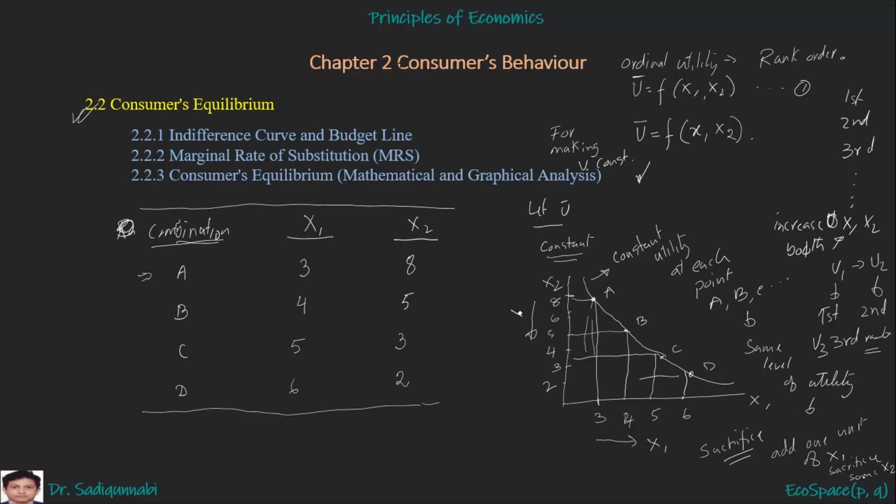So sacrifice means declining x2. So this is called the marginal rate of substitution of x1 for x2. So how do you measure it? The MRS of x1, x2 is dx2 over dx1.